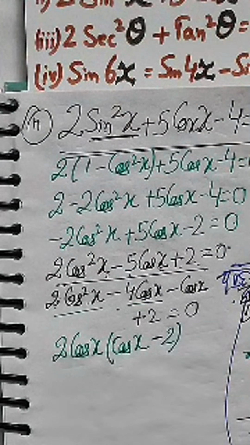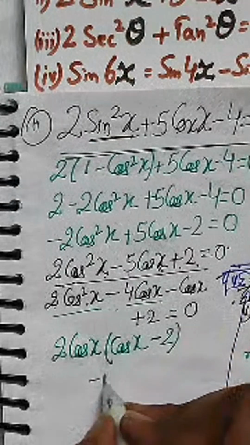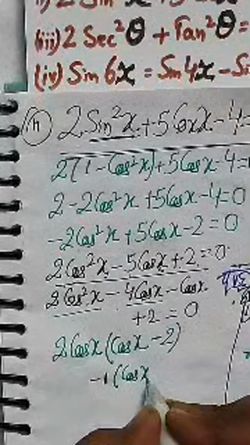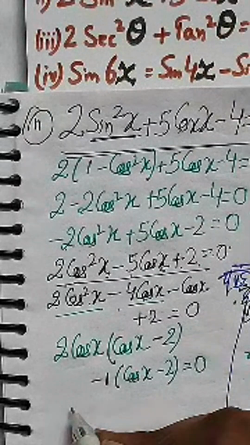And from the last two terms, when minus 1 is taken common, then you have cos x minus 2.